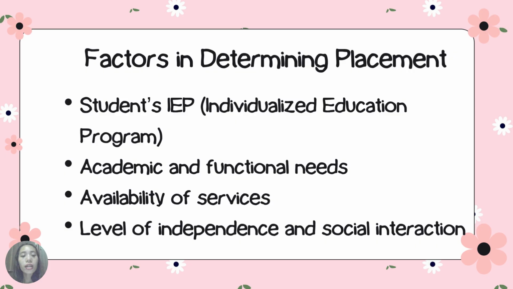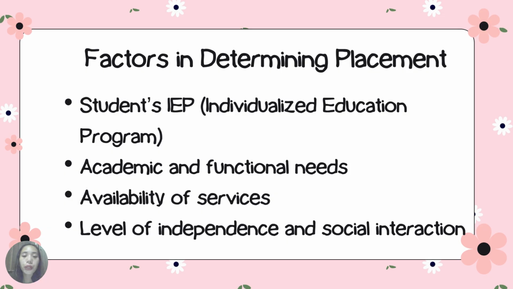Okay, so there are some factors that determine placement. First is the student's IEP or individualized education program. The next one is academic and functional needs. This determines the type of support and environment a student requires to learn effectively and develop daily living skills. And the third one is availability of services.